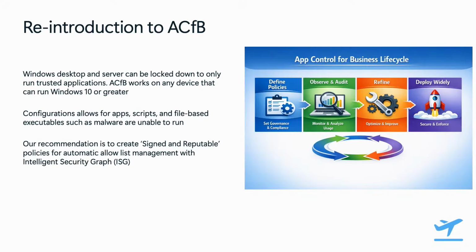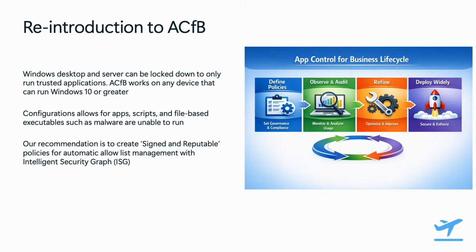This lifecycle is powered by deep integration with the broader Microsoft security ecosystem. Microsoft Defender, specifically MDE Advanced Hunting, provides audit and block telemetry to help organizations understand what's running, what's being blocked, and why. That visibility allows for data-driven policy refinement.